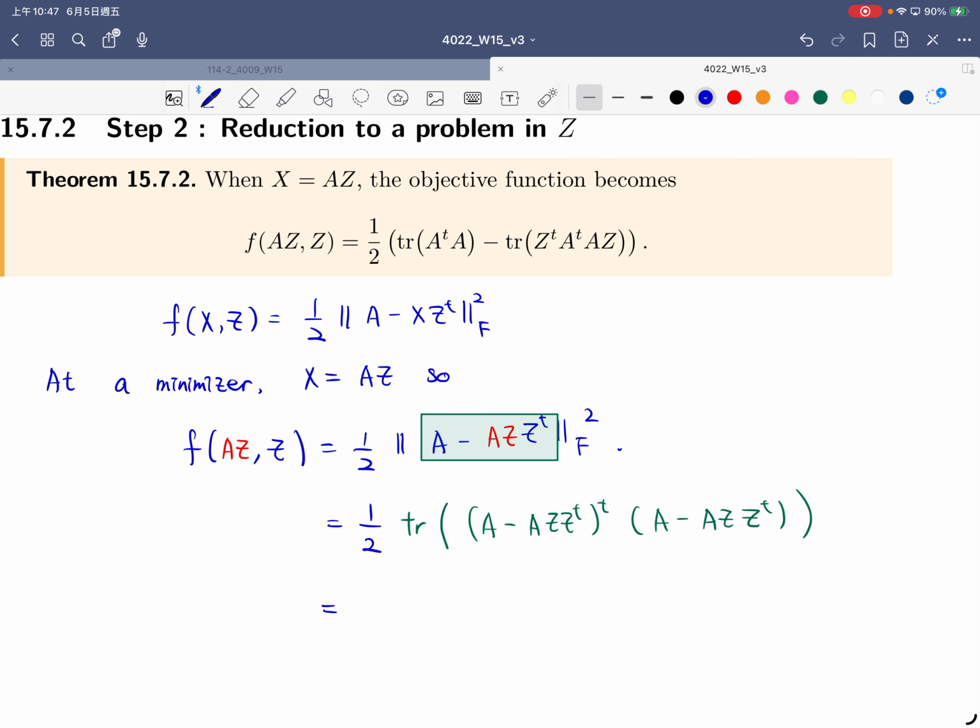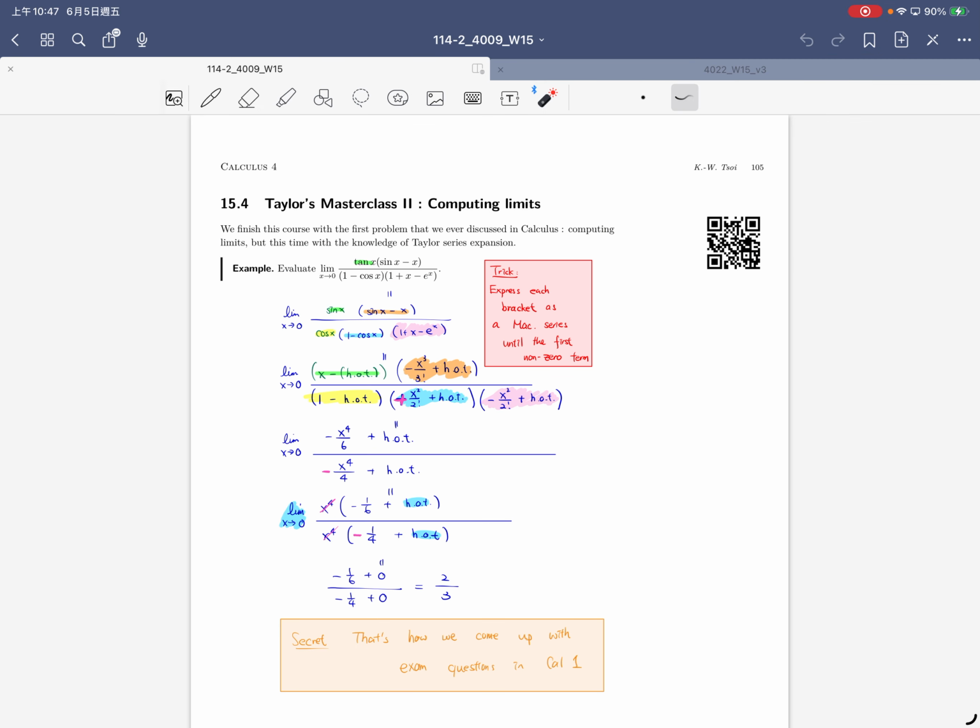Then, I don't want to do this algebra in public, as there is nothing enlightening. So let me just say, a bit of brute force. Spell out the bracket, spell out everything, then simplify. Then you're done.